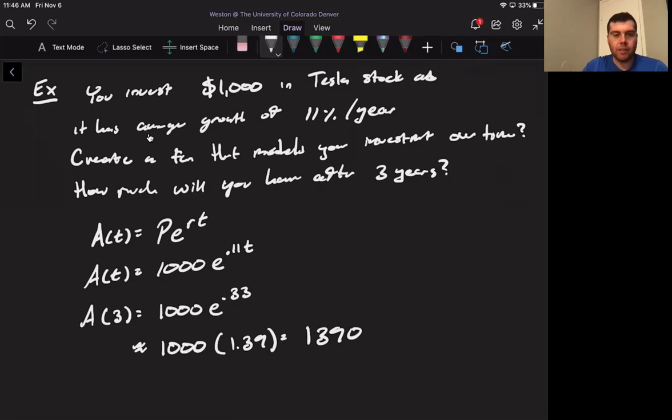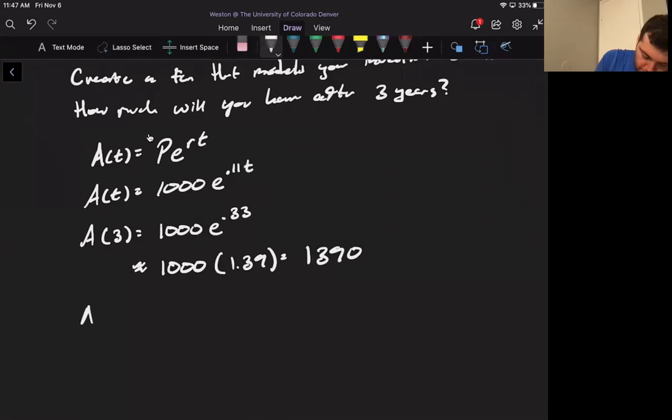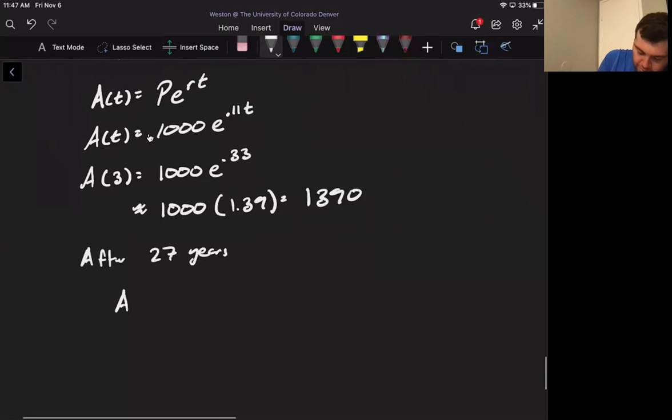After 3 years, which isn't a bad investment, but the real power here is when we're looking at really long-term investments. So after, say, 27 years, we have A of 27 is approximately 1,000.